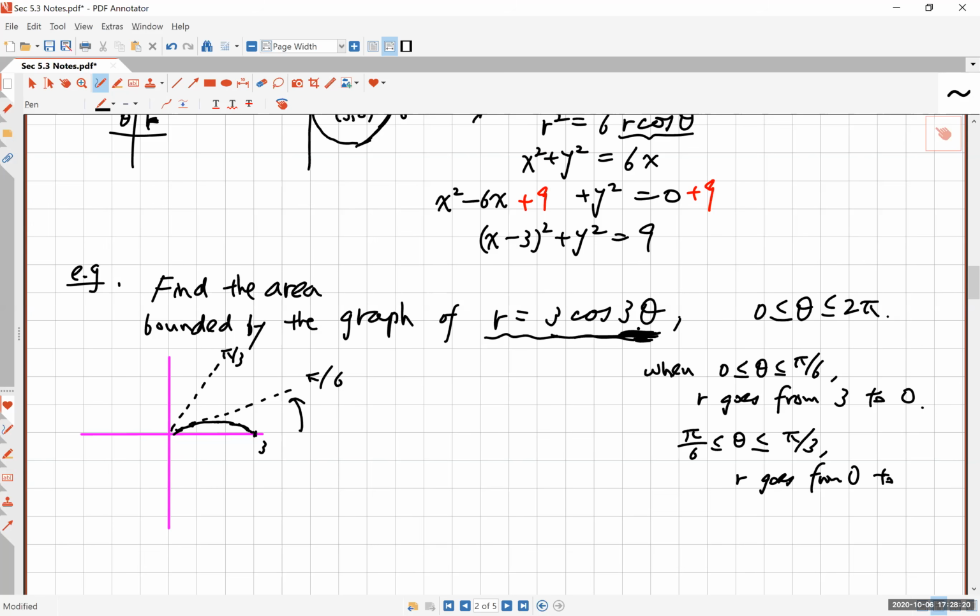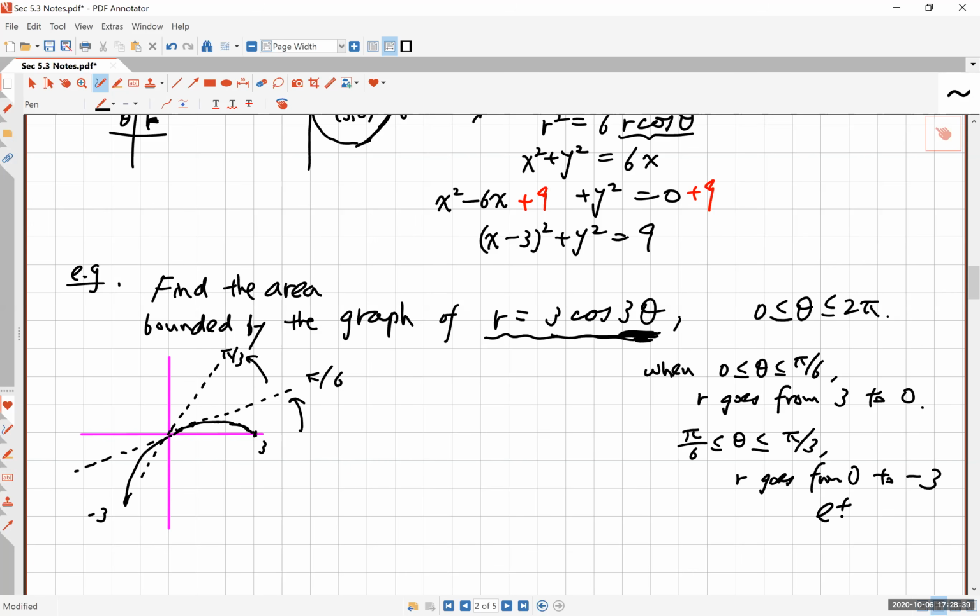So that's when the cosine is negative, and r goes from 0 to negative 3. From here to here, it'll be negative. So this goes from 0 to negative 3, and maybe you get the idea at this point.